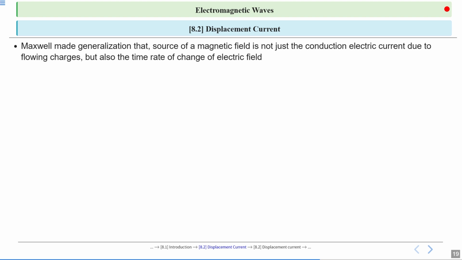Maxwell made the generalization that the source of magnetic field is not just the conduction electric current due to flowing charges but also the time rate of change of electric field.